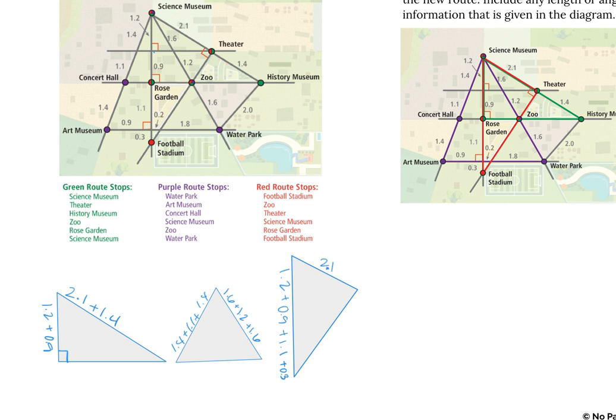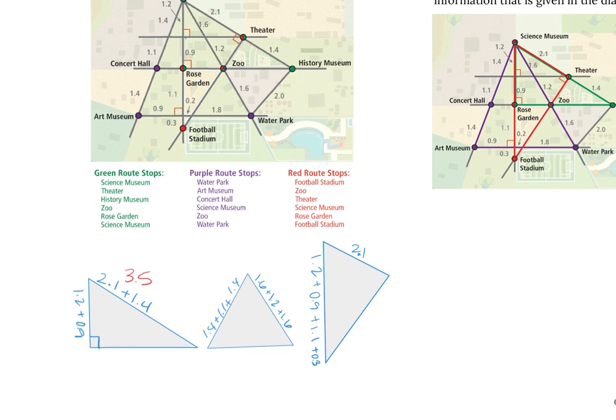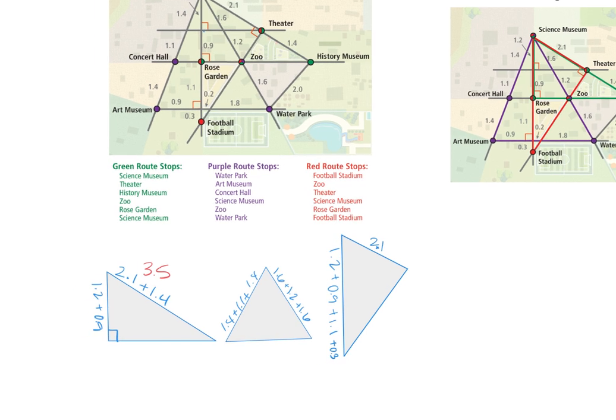So once I add these together, I would get 3.5, 2.1 over here, 3.9, 4.4, and this is 3.5.